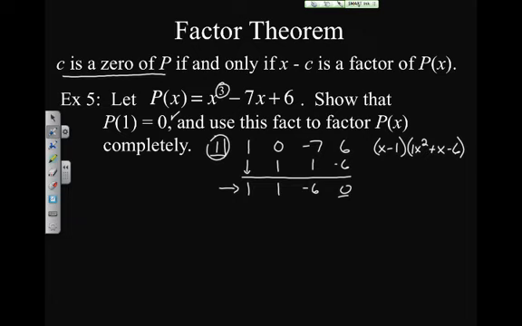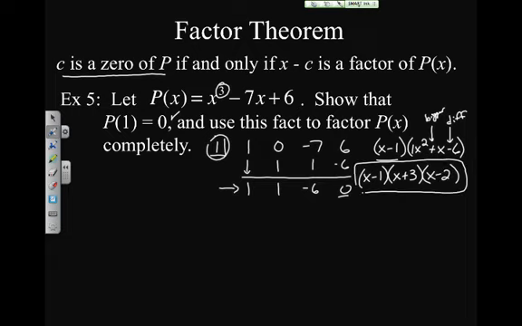Well, this part's already done, x minus 1. But remember, we can factor this one, hopefully, using this method that we have learned before. We know that the signs are different. We know the bigger one is positive. So it's going to be a plus and a minus. And factors of 6 that add up to be 1, that's a positive 3 and a negative 2. So the complete factorization there is x minus 1 times x plus 3 times x minus 2.